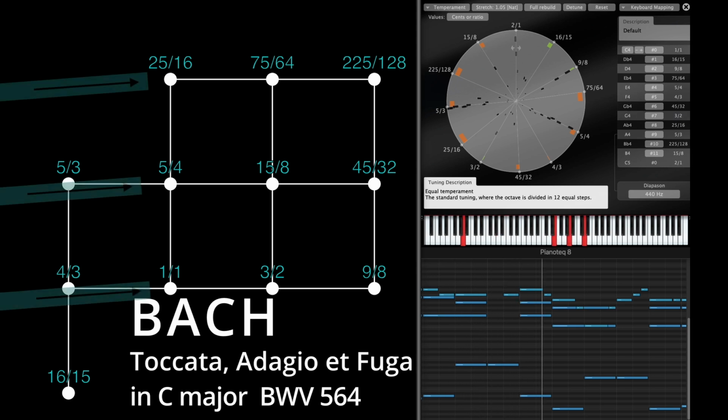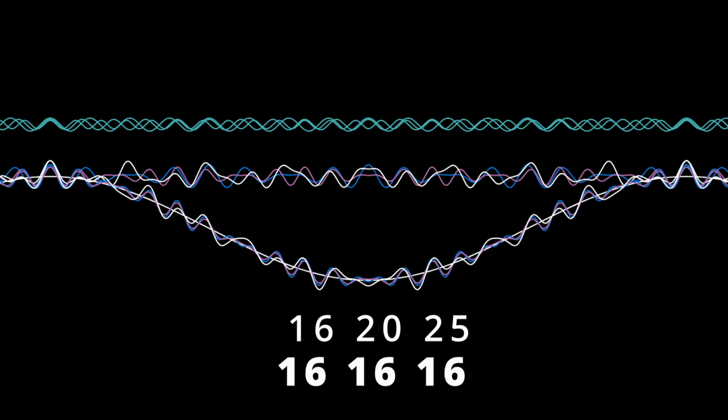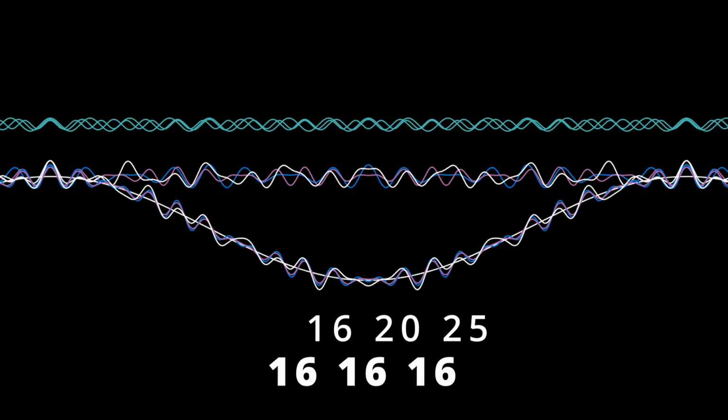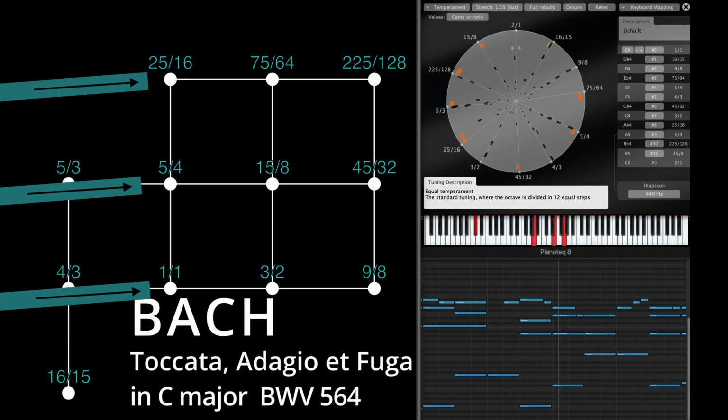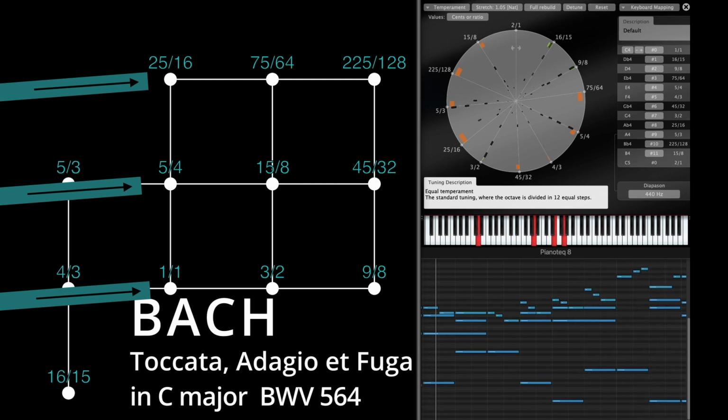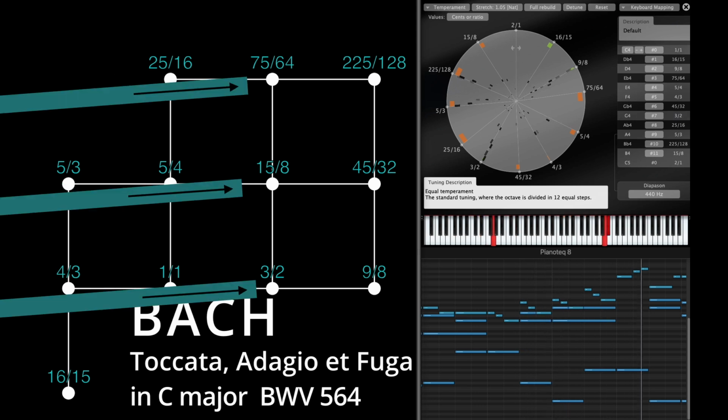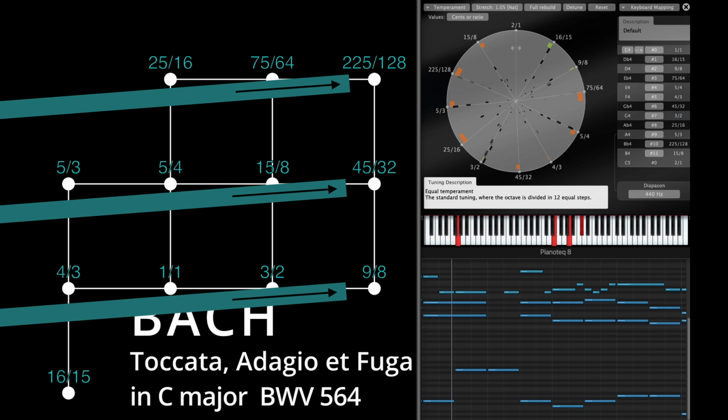And when you stack major thirds, you get this augmented chord. Mathematically, this is described as 16, 20, 25. It appears in our scale under the unison of 1/1, the major third of 5/4, and the 25th harmonic of 25/16. But it exists between several other chords within this.